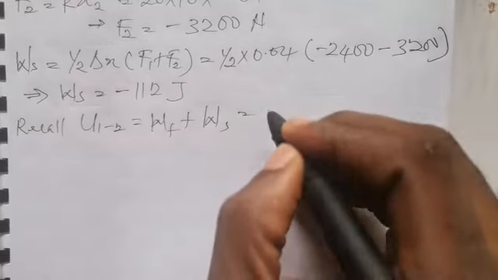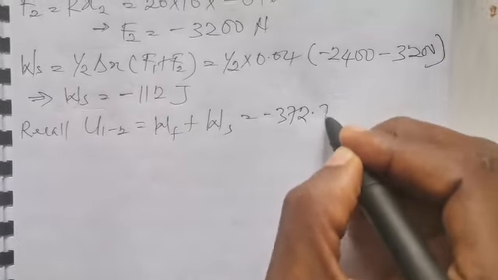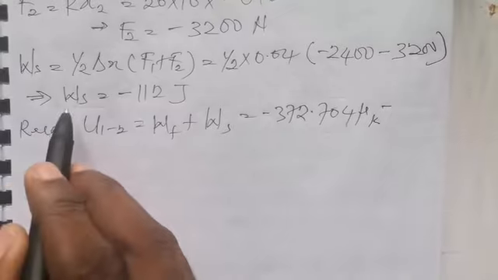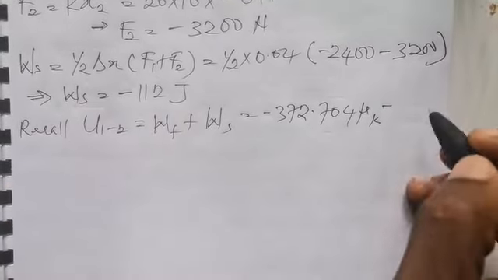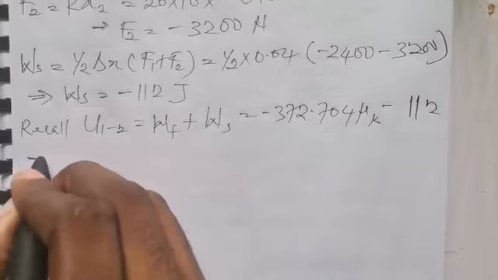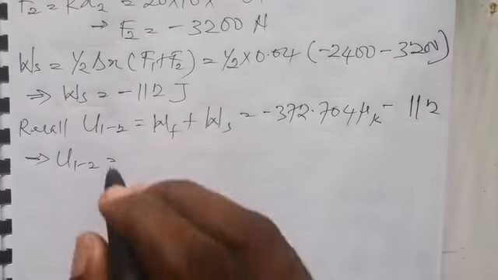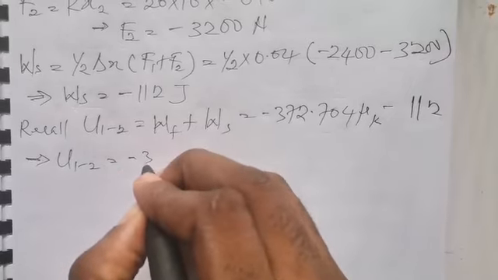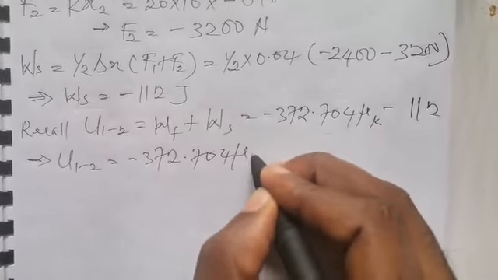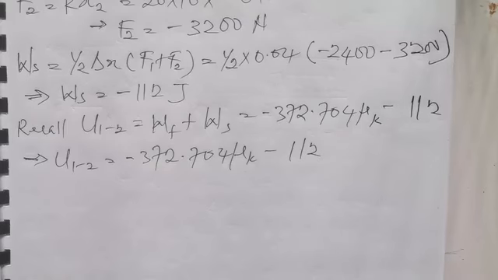In place of this we have minus 372.704 mu K, minus, for the spring work done we have 112, so minus 112. So this implies U1 to 2 is equal to minus 372.704 mu K minus 112. So this is now our work done.